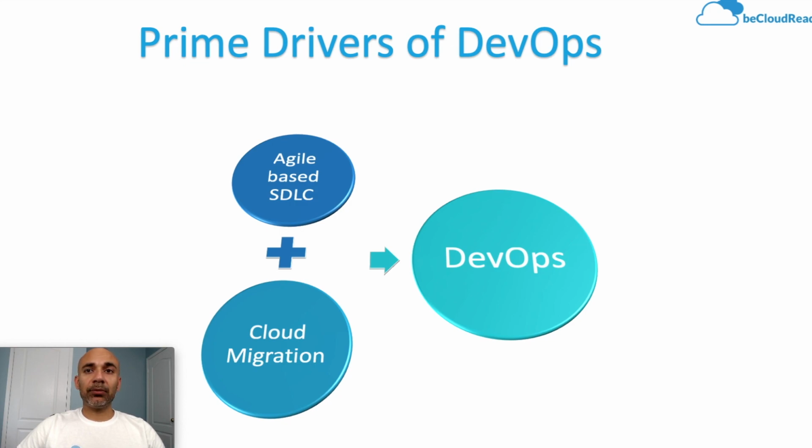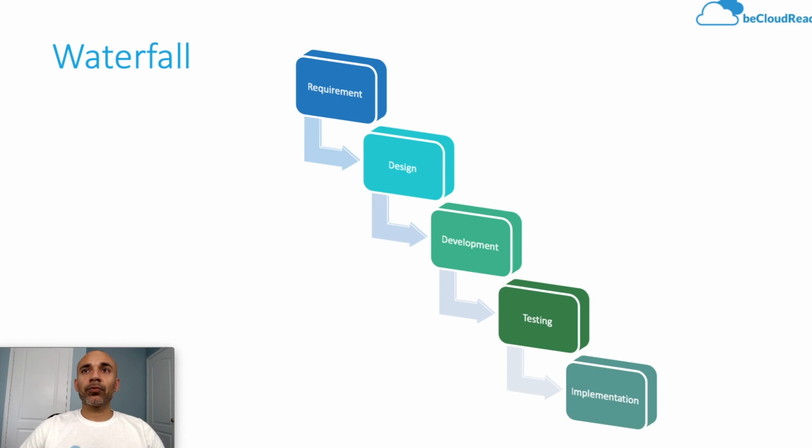If you're not, you will face the consequences of serving your customers with legacy applications and hardware, which can dramatically reduce their experience, and over a period of time you may lose some customers as well. So these two are the prime driving factors behind DevOps, which is why you can see so much demand for DevOps professionals across the board.